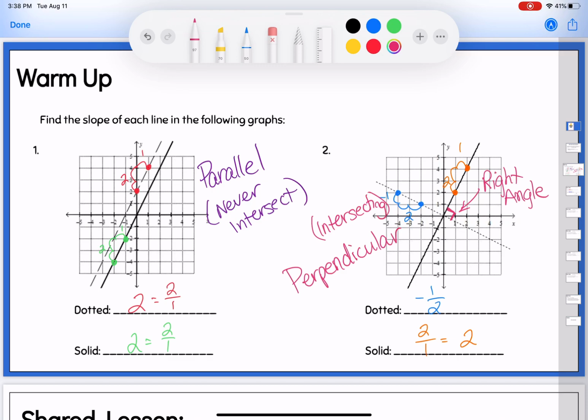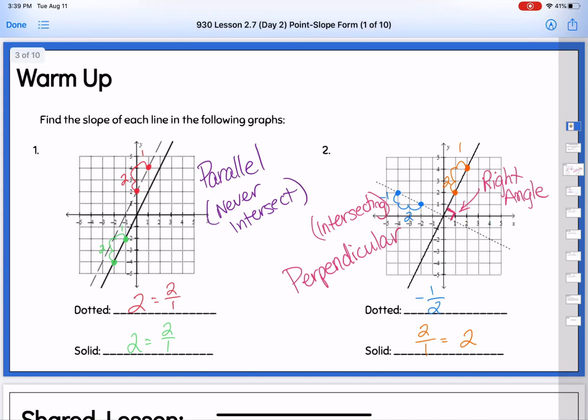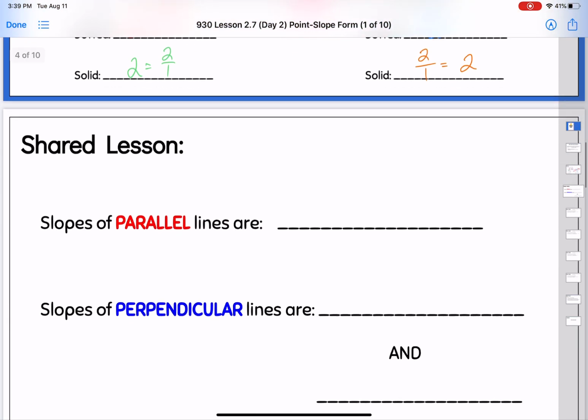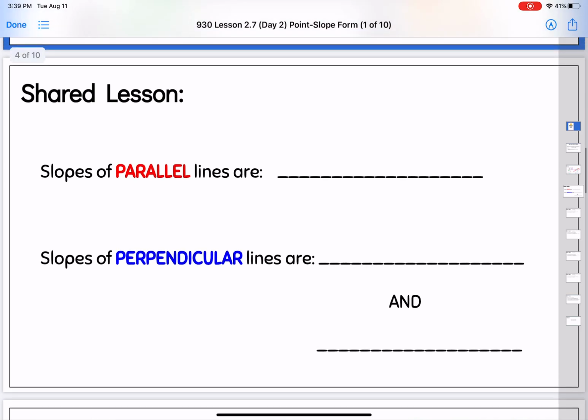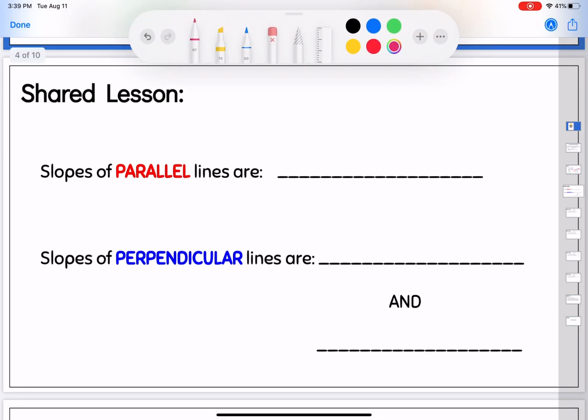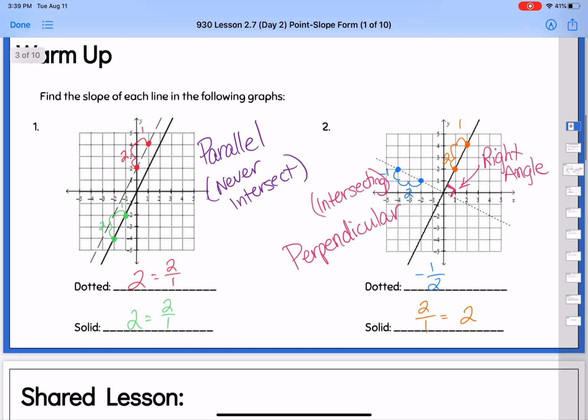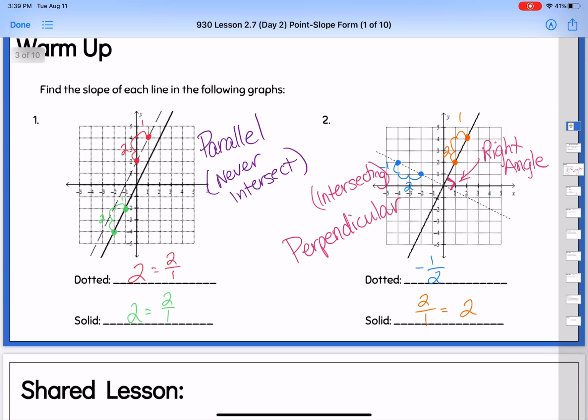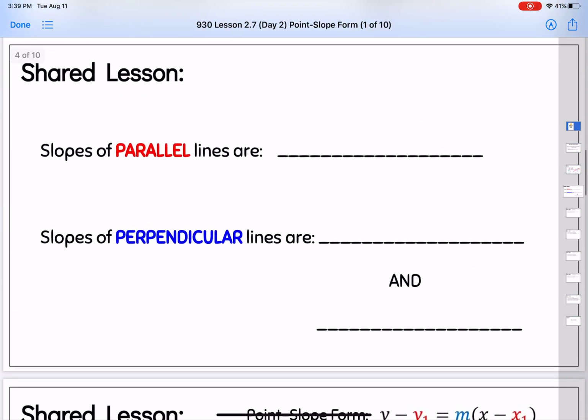And it flipped exactly upside down. 1 over 2 on the first one became 2 over 1 on the second one. The good math vocabulary for flipping upside down is called reciprocal. So there was opposite and reciprocal. And you just discovered two very important things about parallel and perpendicular lines, and that's how we're going to start here. So we just discovered that the slopes of parallel lines, those first ones on number 1 over there, the slopes of parallel lines were the same.